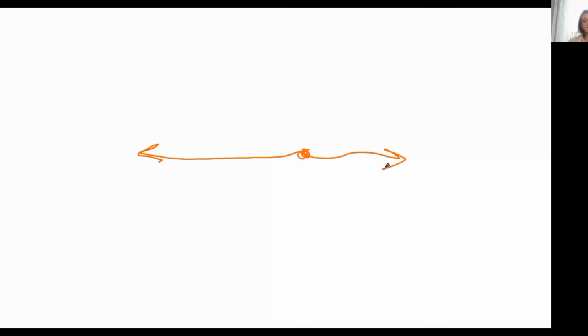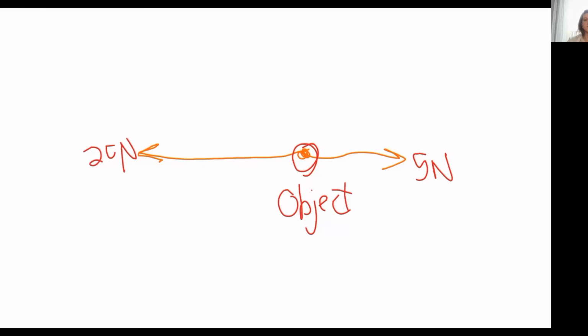And if we say that the left-hand side is 20 newtons and the other side is 5 newtons, it means that it's not balanced if this is your object. So when you have 20 newtons on the left-hand side and 5 newtons towards the right-hand side, it means your object will be moving to the left-hand side because it is not balanced.